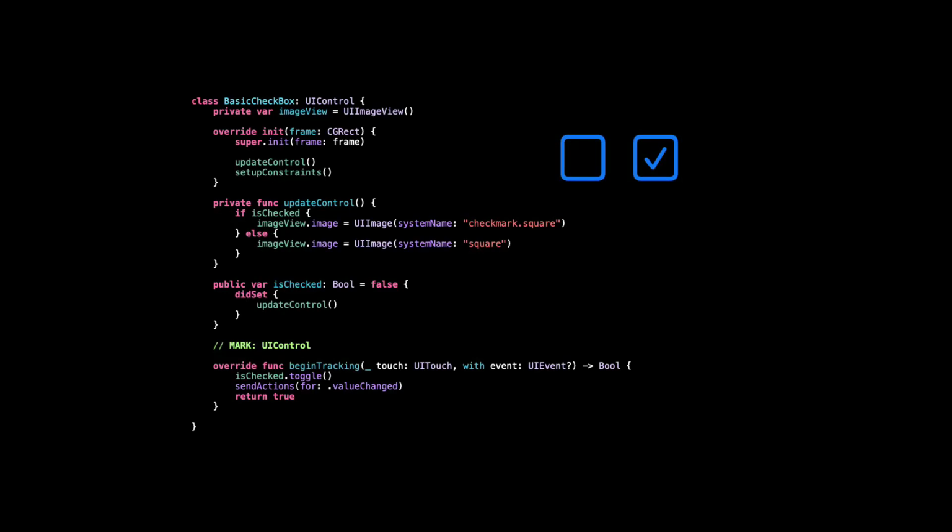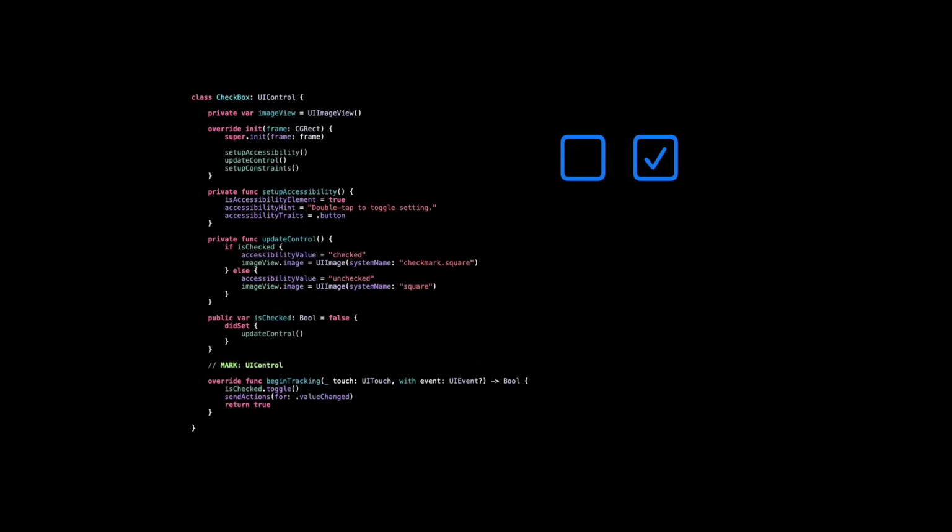Assistive technology will simulate a touch. If you want to handle just assistive technology events, there are functions like accessibilityActivate that you can override instead. When isChecked is set, the didSet code is called, and that calls updateControl, which just swaps the image back and forth between the checked and the unchecked. So this isn't too complicated, but it's not accessible.